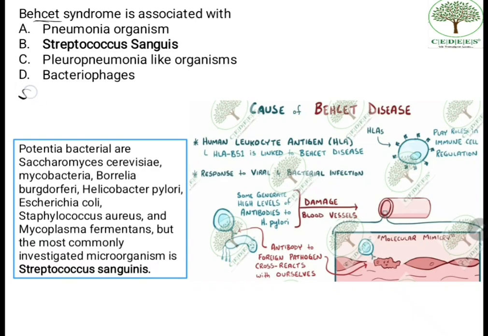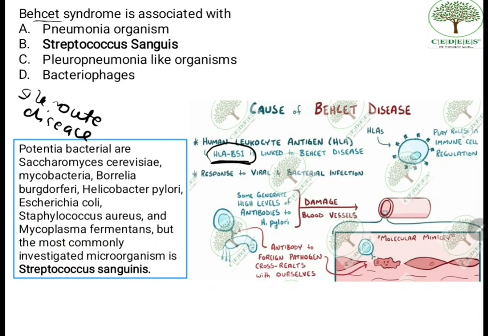Characteristically, there will be recurrent oral and genital ulcerations, uveitis and systemic vasculitis, and individuals who have HLA-B51 will have more predisposition to developing this disease. So this is important to keep in mind.